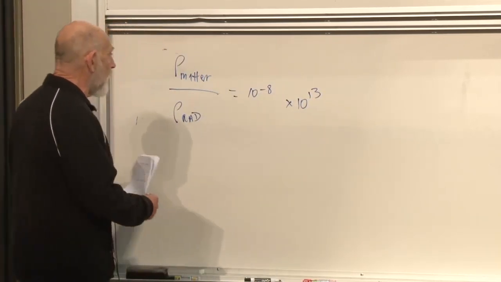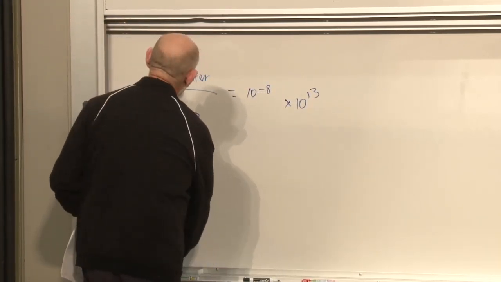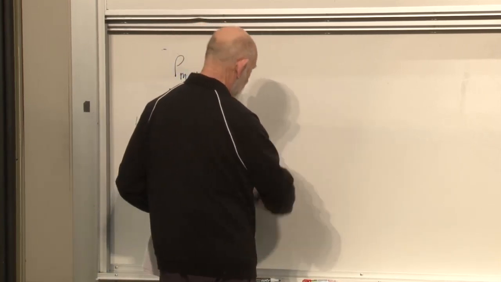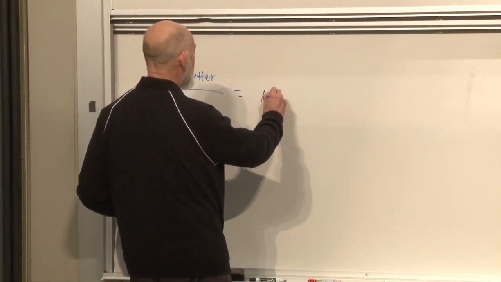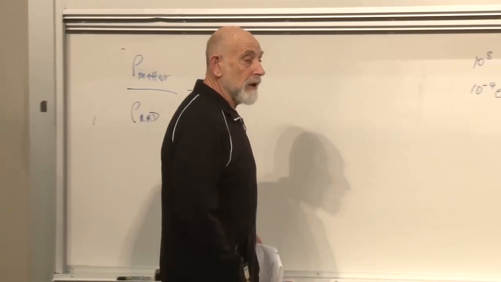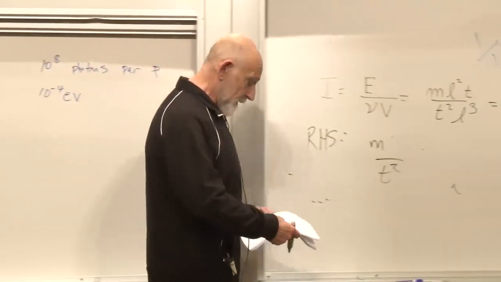Anyway, it's straightforward to work out, and the answer is about 10 to the 5, 100,000. The ratio of matter to radiation today is about 10 to the 5.